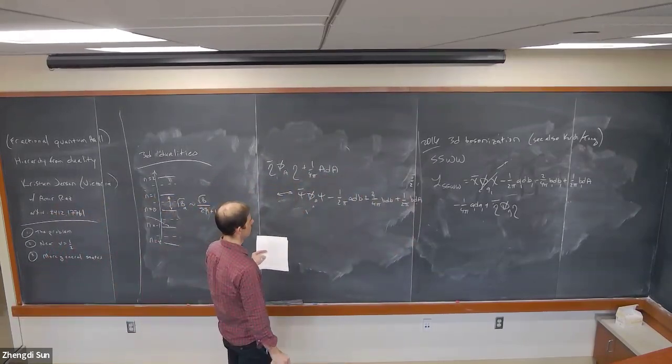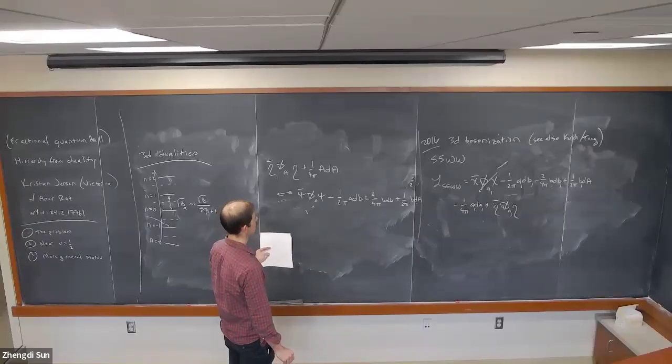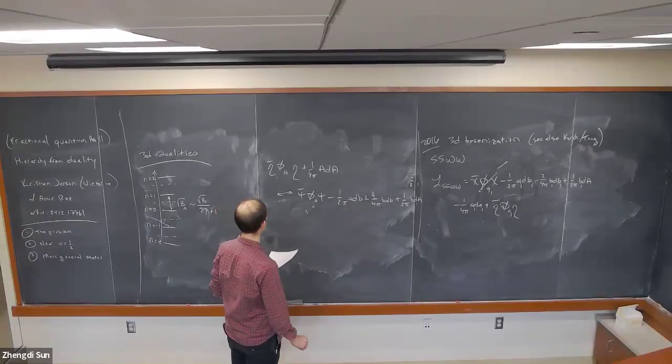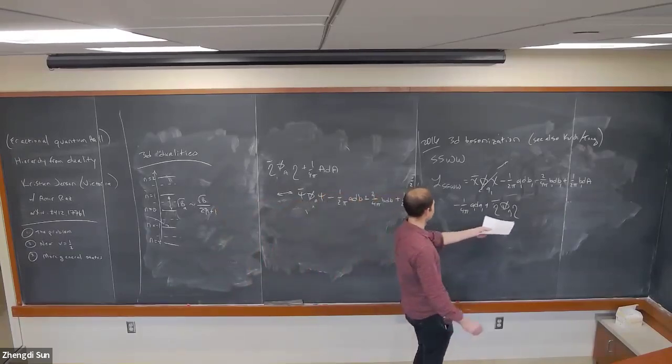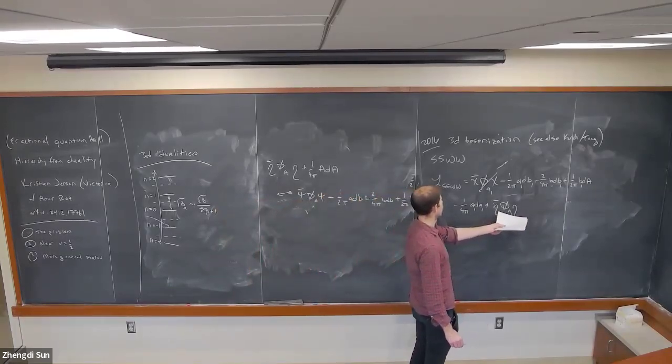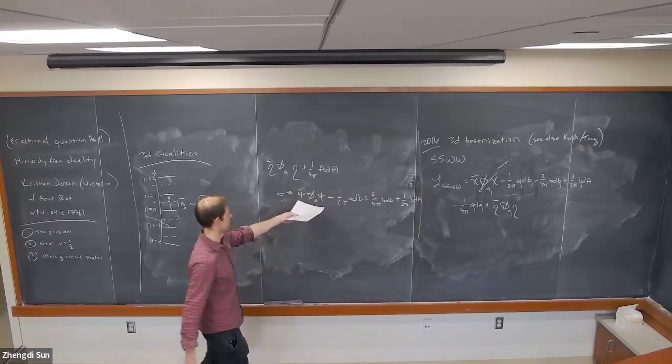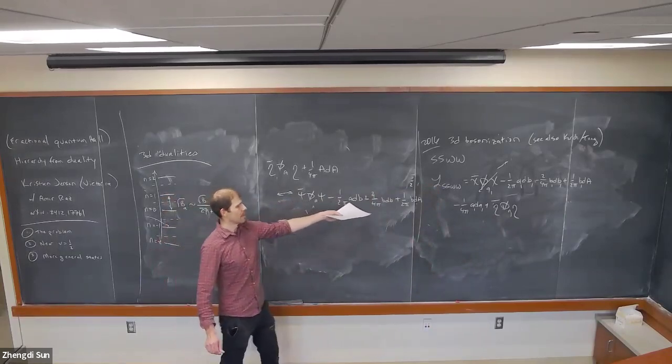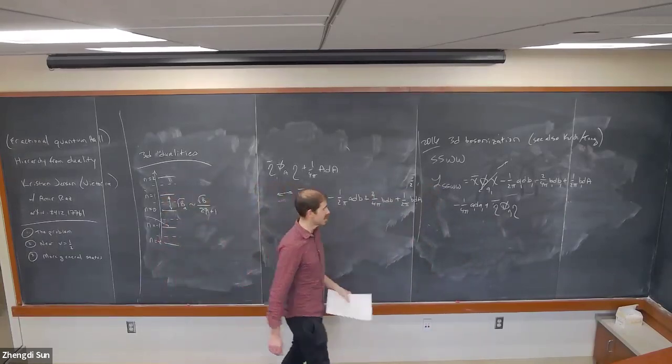Let me do exactly such an operation here. I'll trade out this fermion for a dual description in terms of a new fermion psi plus a couple of extra fields that I have to integrate over.